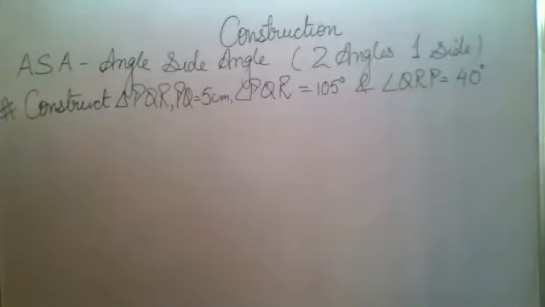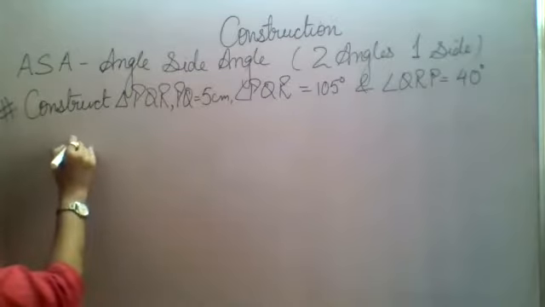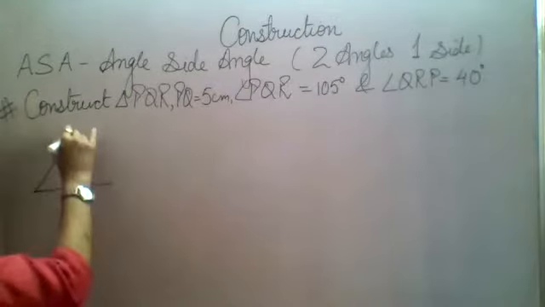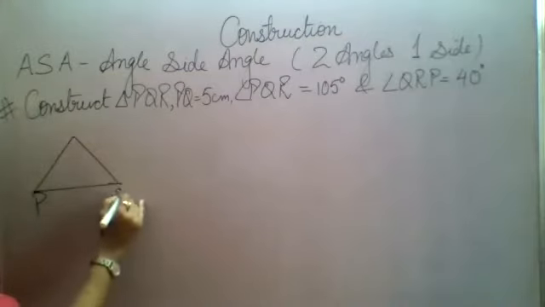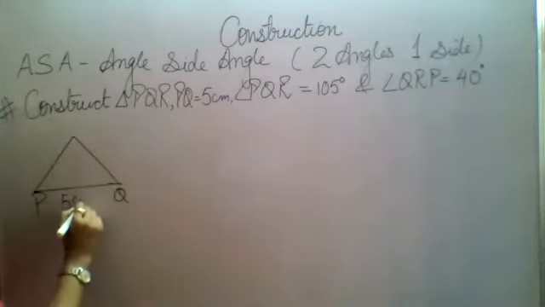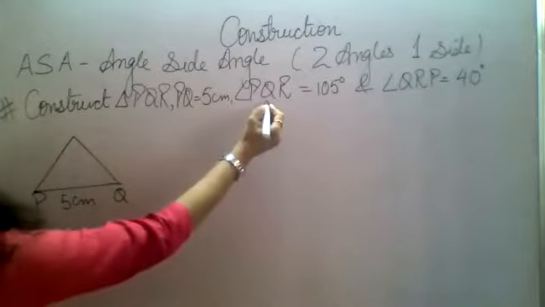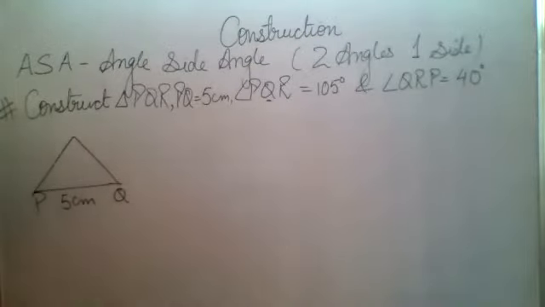For it, first I will draw rough figure. As base is given PQ 5 centimeter, so I will start like this. PQ equal to 5 centimeter. Angle Q is given 105. This is obtuse.